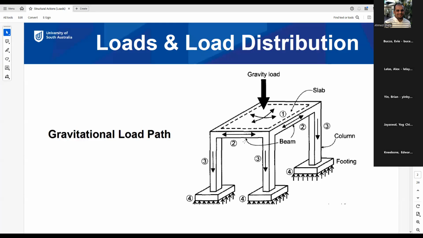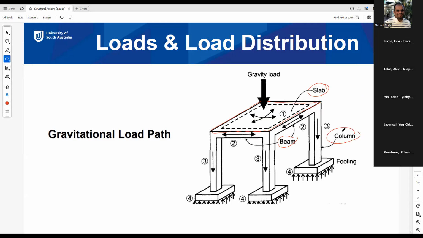So here is an example of a simple building or a simple structure to see how the structure transfers the load through its members. As you can see here, this is a slab, and we have beams, 4 beams on the 4 sides, and also at the corners we have columns.